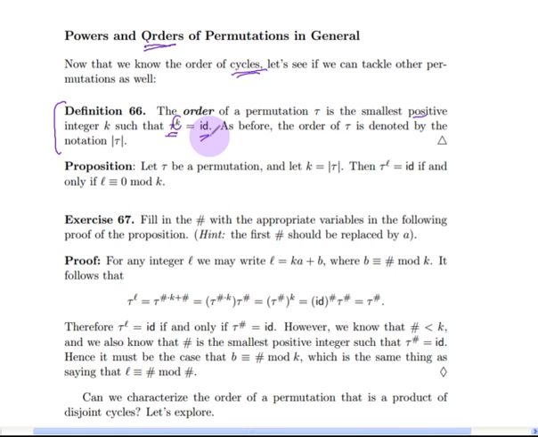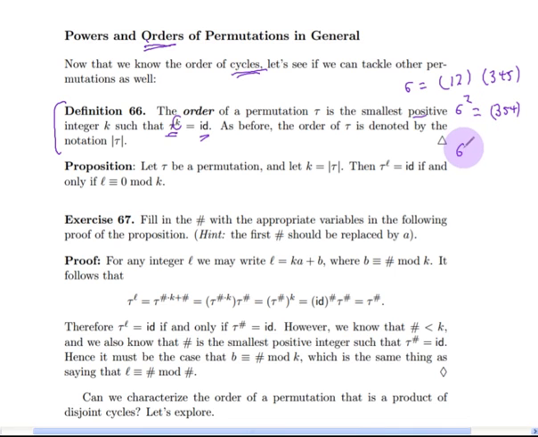Okay. So, for instance, let's take another simple example. Let's take the permutation 1, 2, 3, 4, 5. Okay, so let's just call that sigma. All right. If you do this, you'll find out that sigma squared is equal to 3, 5, 4. You can check this yourself.